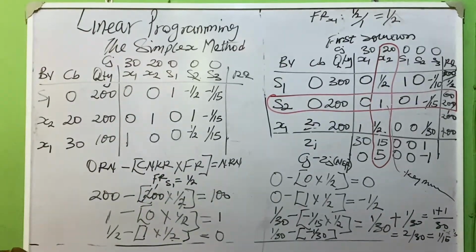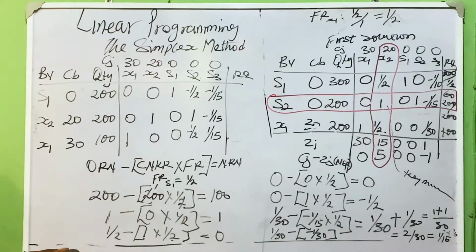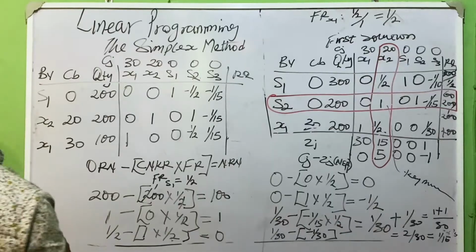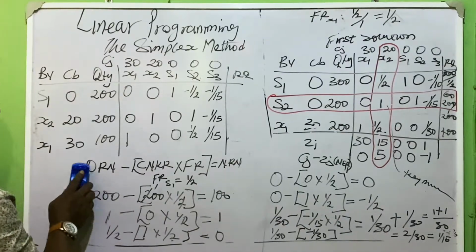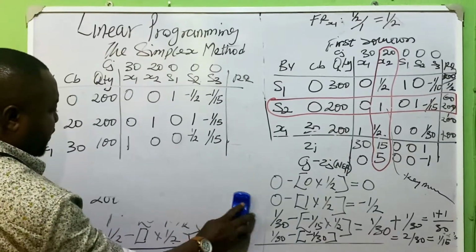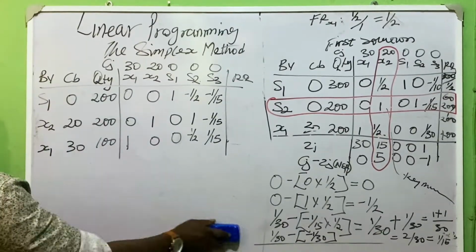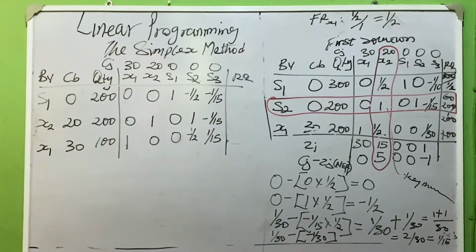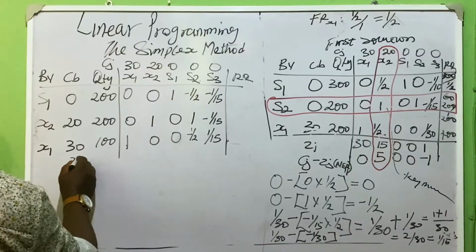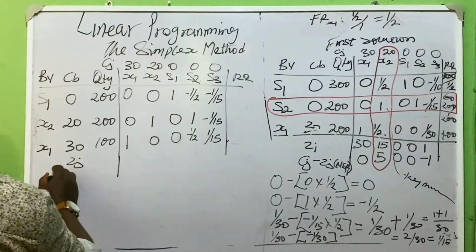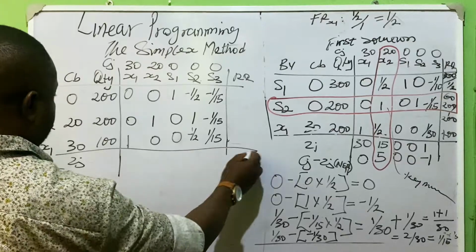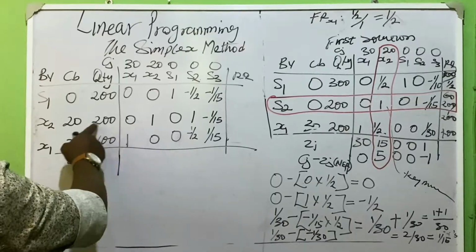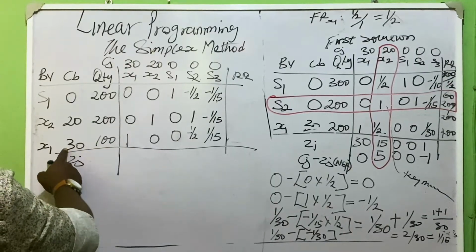So having dealt with our transformations proper, the next thing will now be to actually look at our Cj minus Zj, to find out if we've attained optimality or not. So the next thing will be to compute our Zj values. For x1, Zj is this by this 0, this by this 0, 1 by 30, 30.